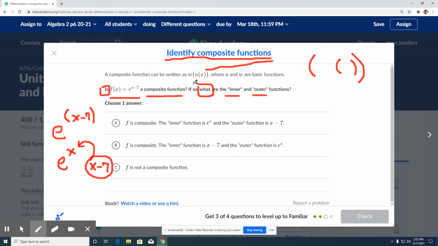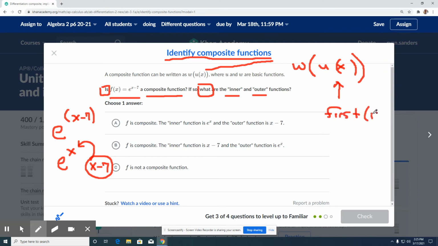That was u, and w. If we were to plug something in, the inner would be done first. So if we plugged in a number for x, we would solve the inside function first, and then the outside function. So this is what we would do first.